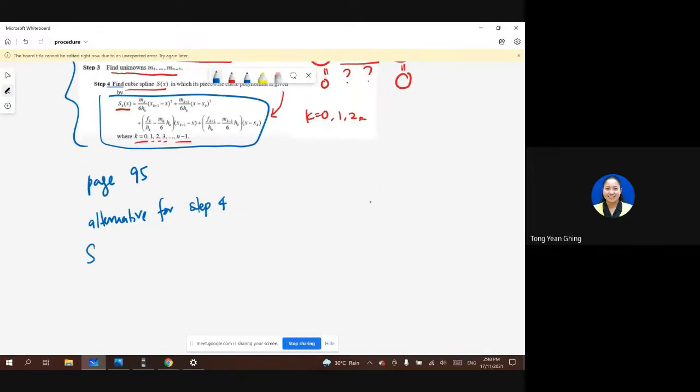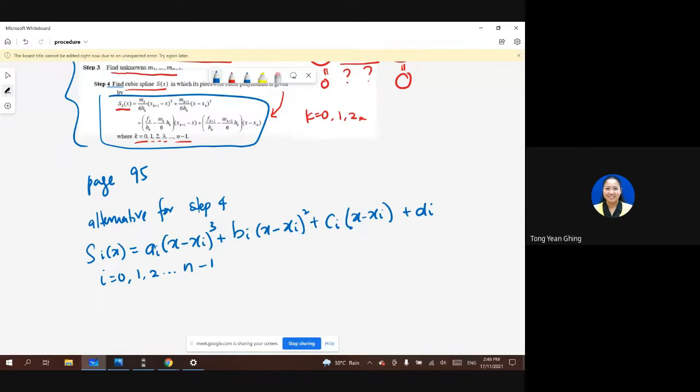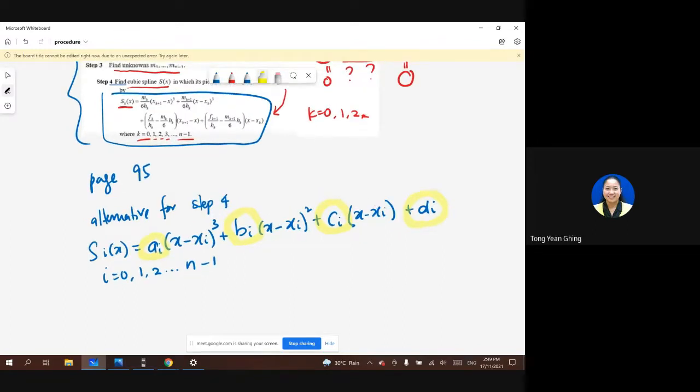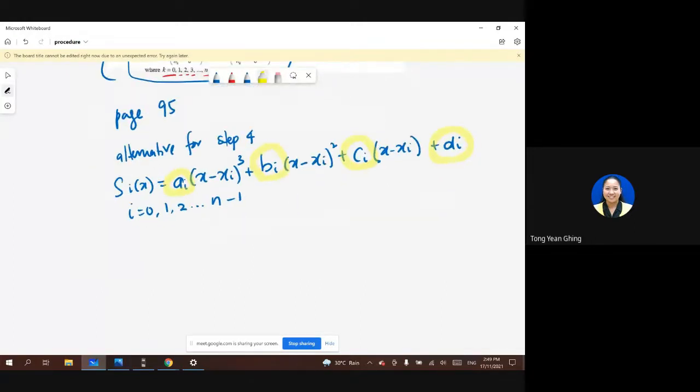So it has S_i of x equal to a_i (x minus x_i) to the power of 3 plus b_i (x minus x_i) squared plus c_i (x minus x_i) plus d_i, where i is from 0, 1, 2 until n minus 1. And a, b, c, d are called the spline cubic polynomial coefficients. These also have their own formulas.